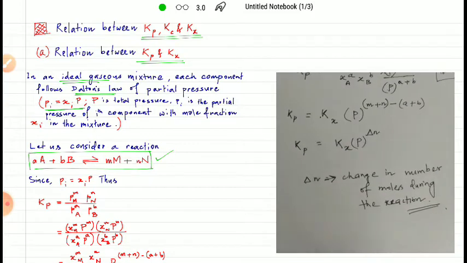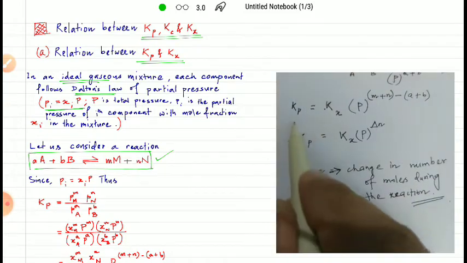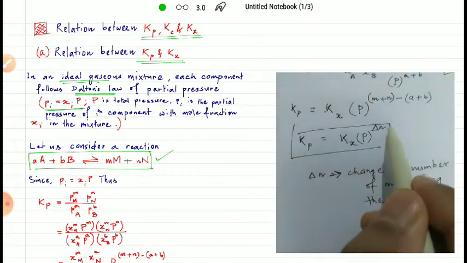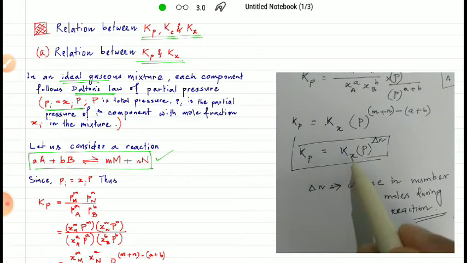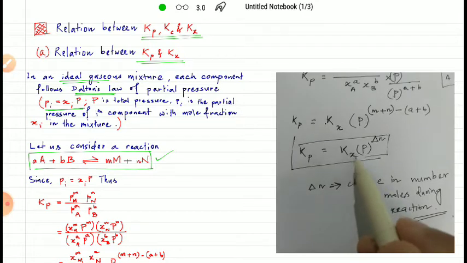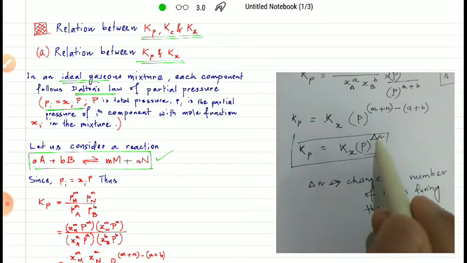So we have the first relation, the relation between Kp and Kx, and it is Kp is equal to Kx into P to the power delta n.